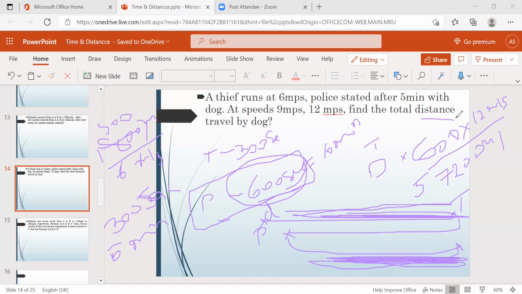This is seconds, so meters, it's just meters. So dog travels 7,200 meters. Is it clear?